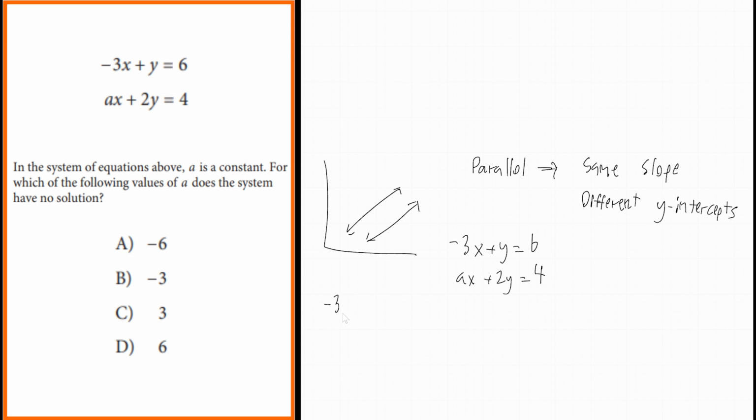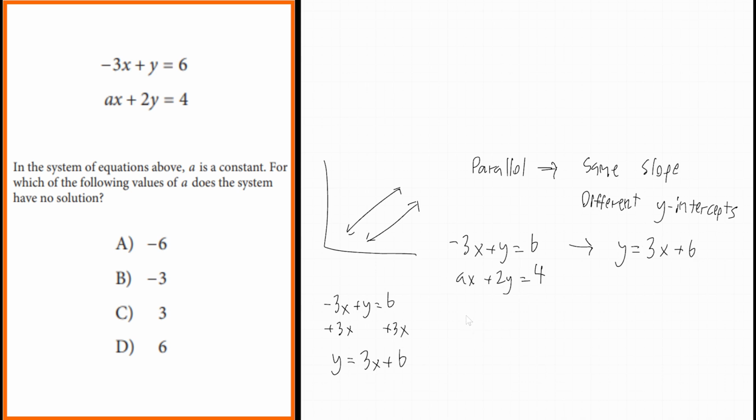So for this first equation, negative 3x plus y equals 6, if we just add 3x to both sides, we get y equals 3x plus 6. This has a slope of 3 and a y-intercept of 6. So I'll write this up here: y equals 3x plus 6.